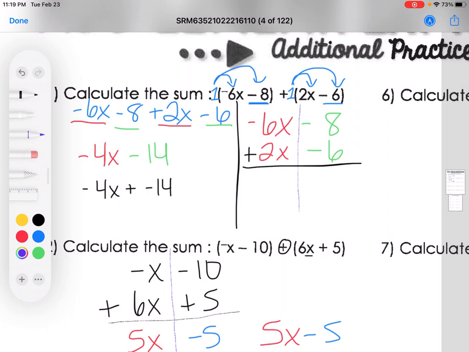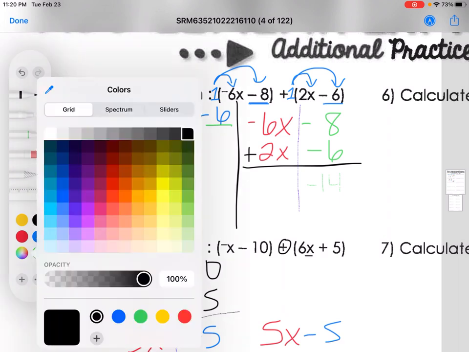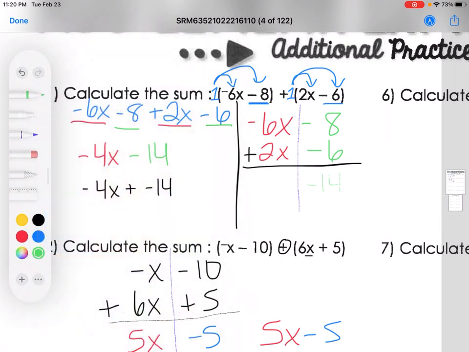So negative 8 minus 6 would be negative 14. And then negative 6x plus 2x is negative 4x.